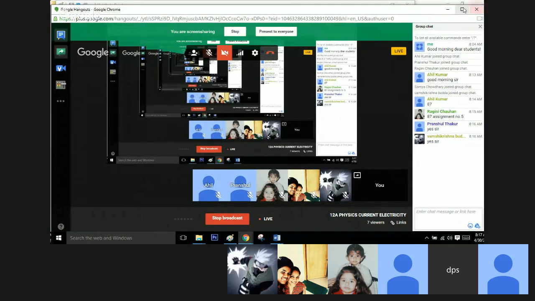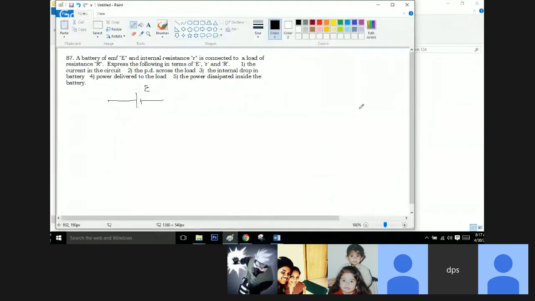Okay. People are able to join now. Internal resistance is smaller and it is connected to an external resistance capital R. Express the following in terms of E, r and R.